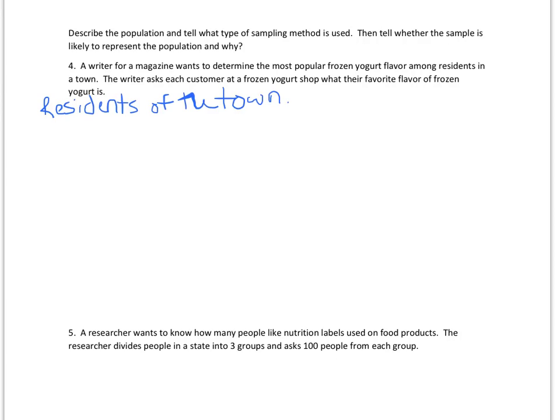Let's back up. Think about all the different ones that you have written down now. We don't need to back up and look. You should have had them written down now. I would say self-selected. Do you guys agree with that?